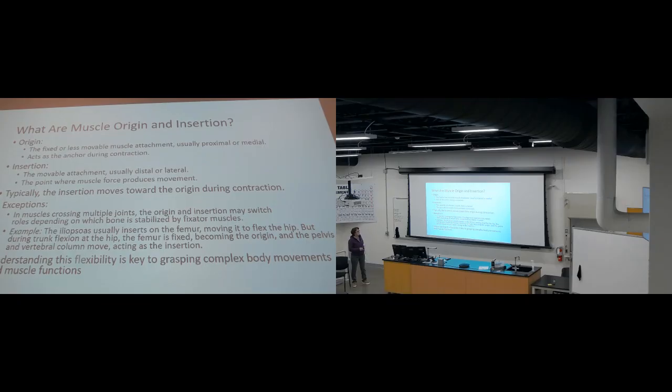When you are standing and you contract it, you can flex the thorax and the abdomen towards your thigh, or when you are lying supine, you can bring up the femur against the abdomen and the thorax. So it depends on whether the femur is fixed or not, or whether the pelvis and the vertebral column move. How are you going to perform that movement?